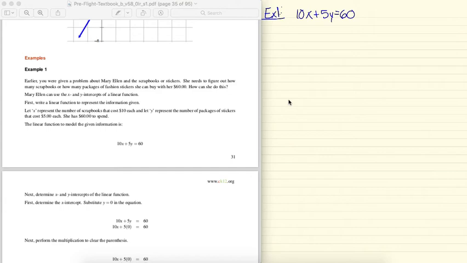So first thing is we are going to go through and find the x-intercept. And remember, x is representing number of scrapbooks. And y is representing number of sticker packages.